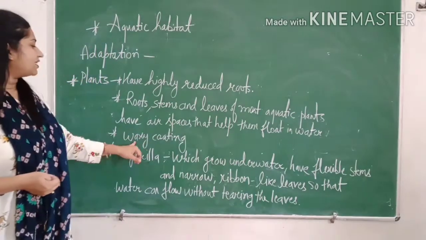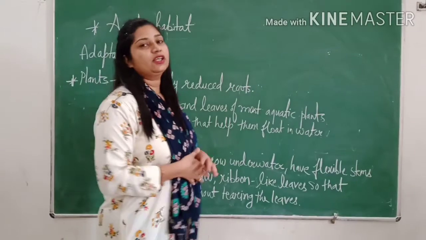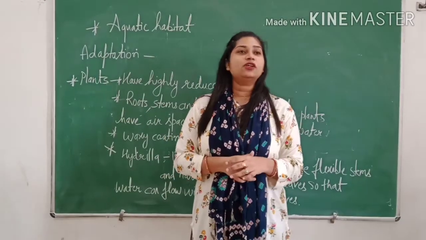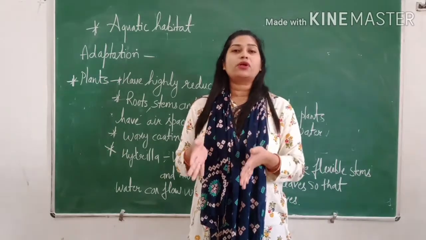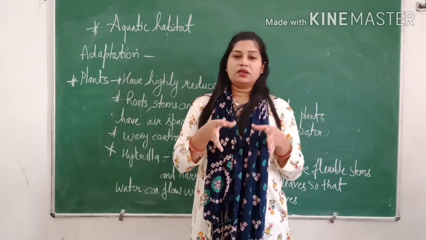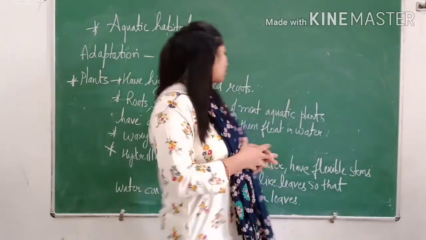The third one is waxy coating. The leaves of most aquatic plants have a waxy coating. Why do they have a waxy coating? Because they are present in water, so to avoid getting rotted, they have this waxy coating.